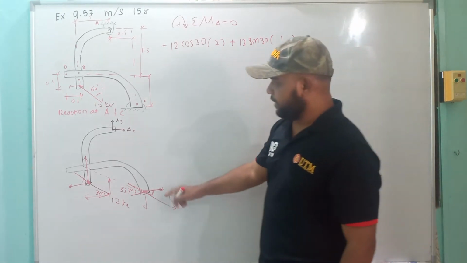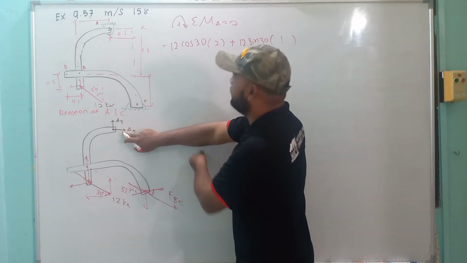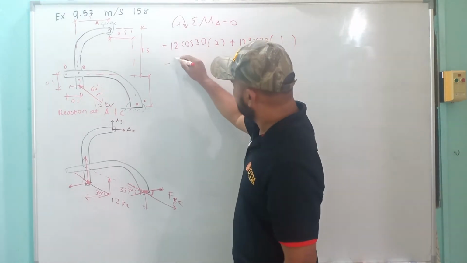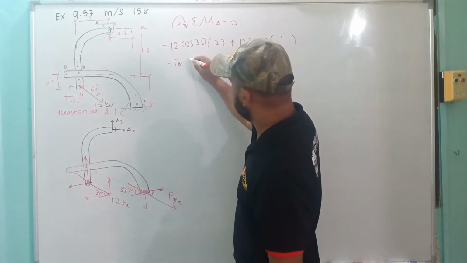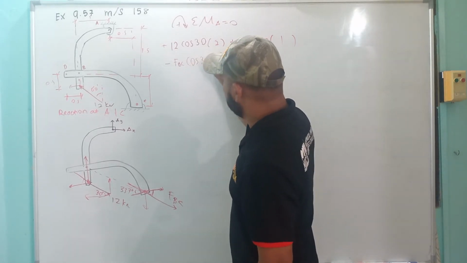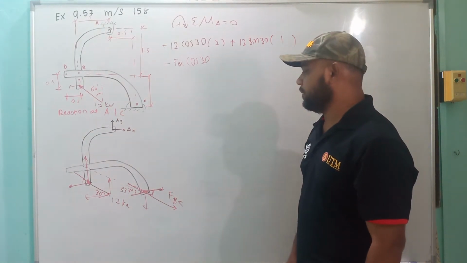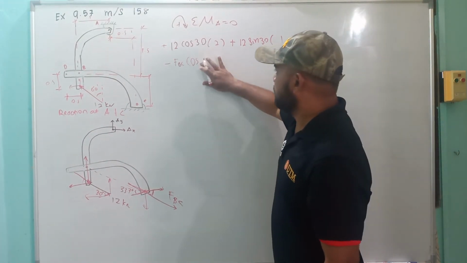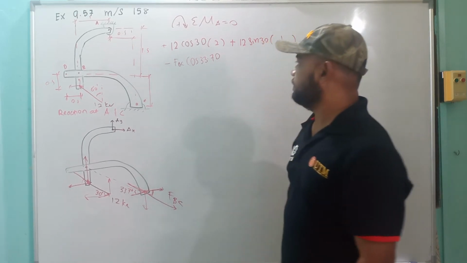We go to this part. Put a pin at A, pull this direction, so it will be negative: minus FBC cos 30, cos 33.7.